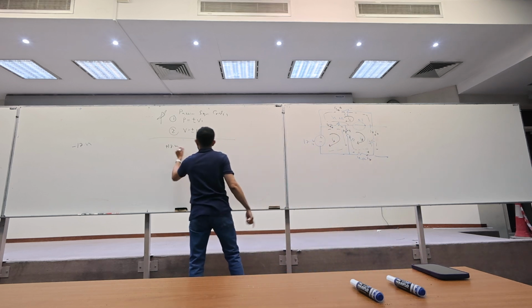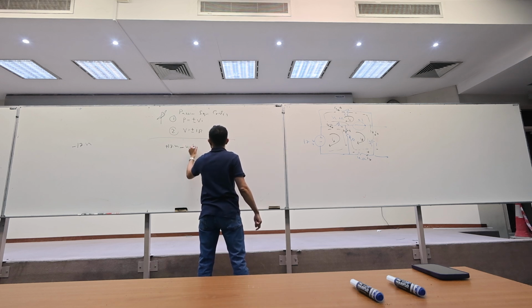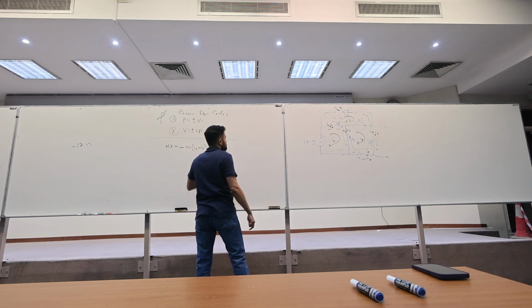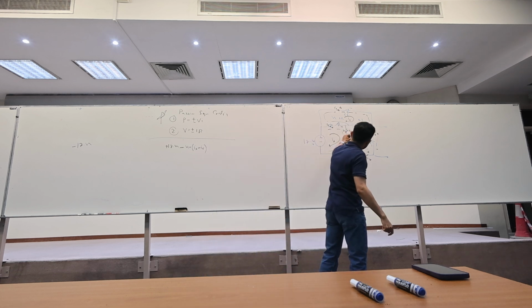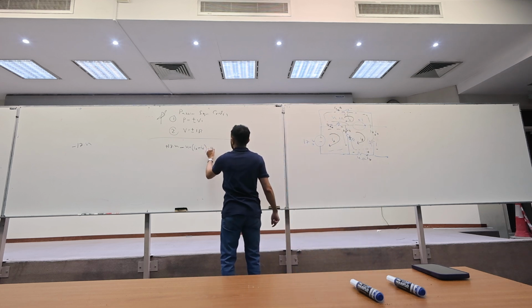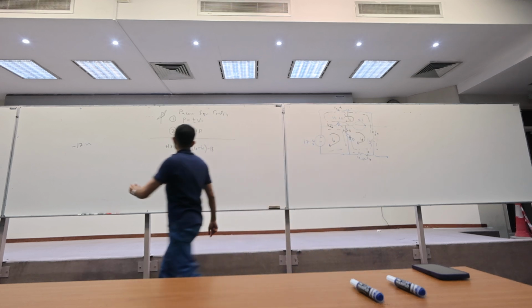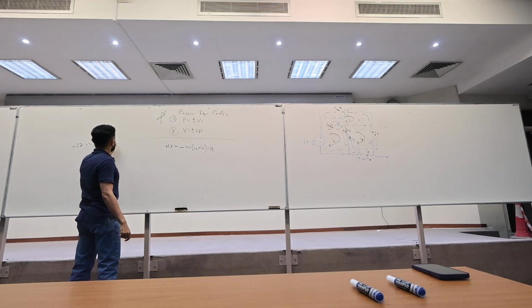What's the resistance? 40. What is the current? IA minus IC. Voltage rise or voltage drop? Drop. So it's minus 15. You put plus. So you say plus 40 times IA minus IC.